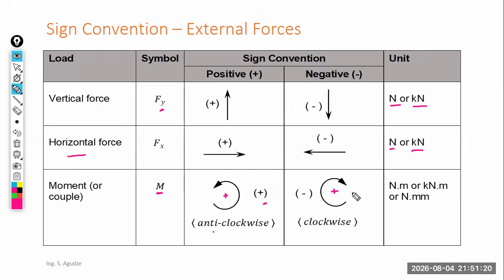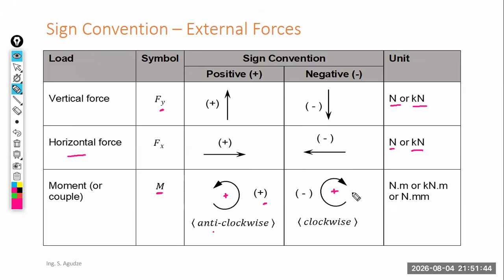Is that okay? So these are the basic sign convention we need in the analysis of support reactions. So take note, these sign conventions, you have to be consistent. If you decide that clockwise moment is positive, then anti-clockwise must be negative.